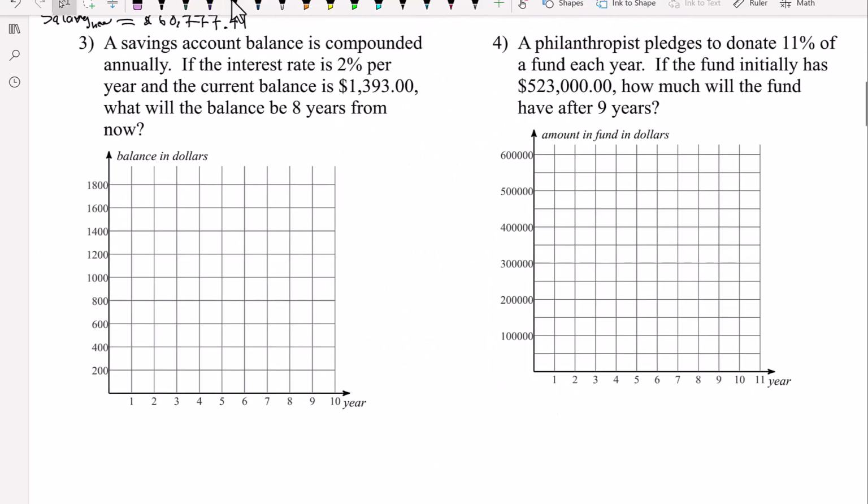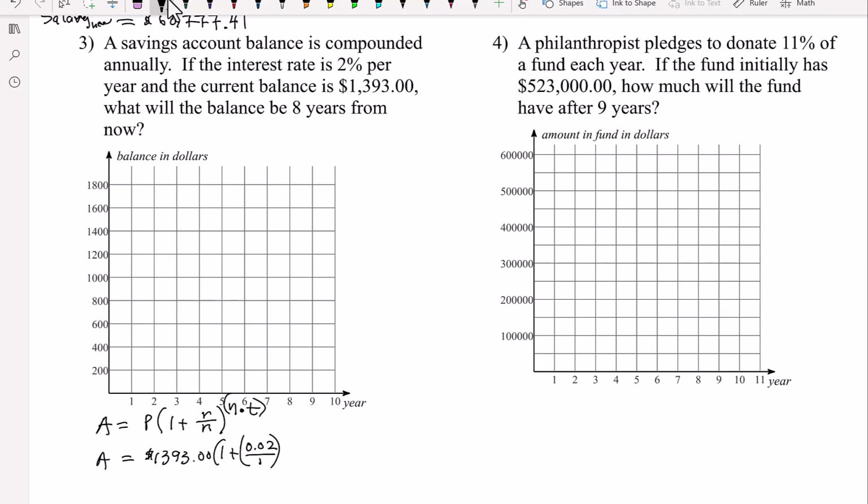Here's the savings account ones. So a savings account balance is compounded annually. So the account is principal times 1 plus interest rate over the number of times it compounds, raised to the number of times it compounds times the number of years. So the principal is $1,393. 1 plus 0.02.